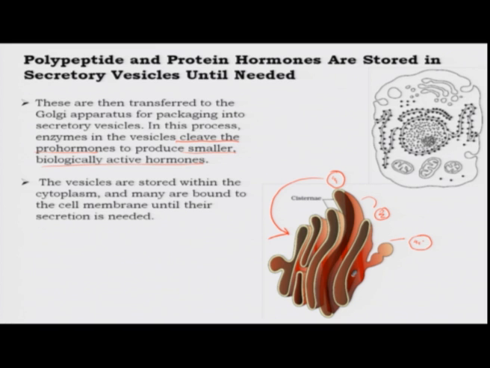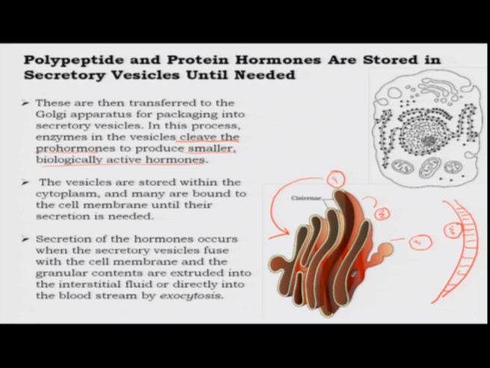Now, this hormone is stored in the cytoplasm, ready to be released from the cell when needed. This is the plasma membrane of the cell, which is a lipid bilayer, and this cytoplasmic vesicle with the hormone sometimes remains in the cytoplasm itself, or sometimes it is closely associated with the membrane, waiting for the trigger to release it.